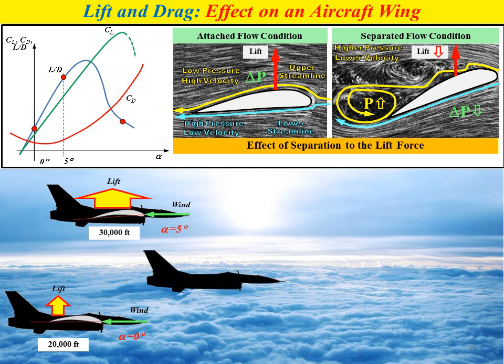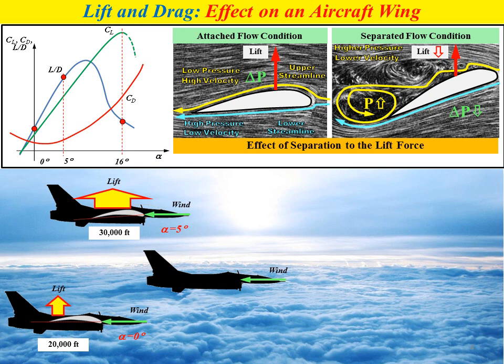Okay, now we increase the value of alpha to 16 degree, where at this point the value of L over D decreases. Although at that angle of attack, CL is maximum, at the same time the value of CD is higher.